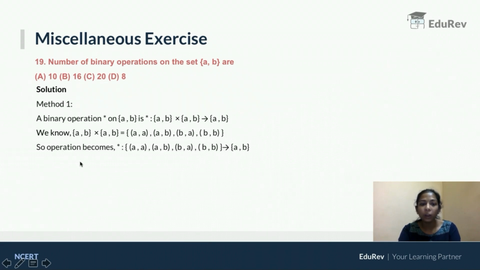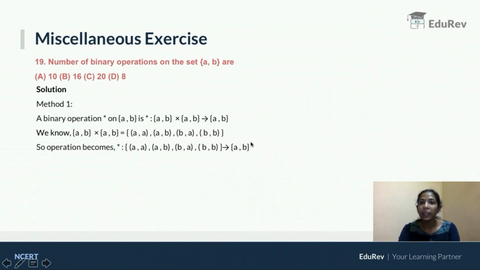So what does the operation become? It has 4 elements here and 2 elements here. And I told you binary operation is nothing but a function. So what will be the number of functions that can be formed when you know the number of elements in the first set is n of A and the number of elements in the second set is n of B?